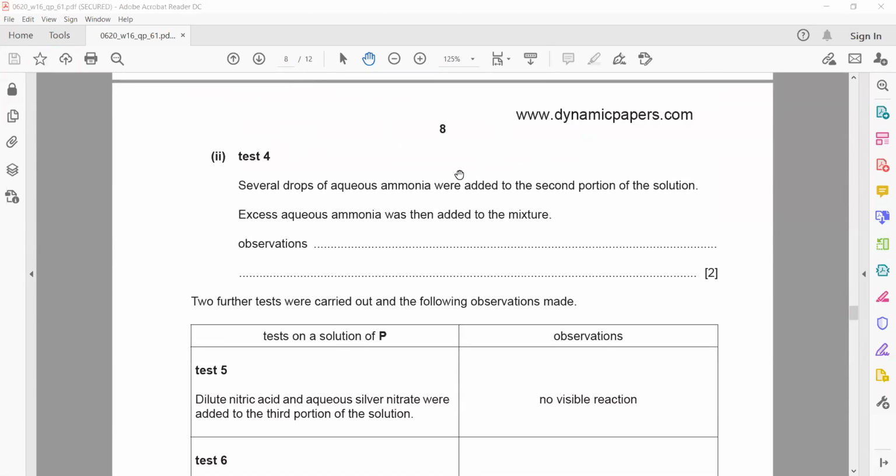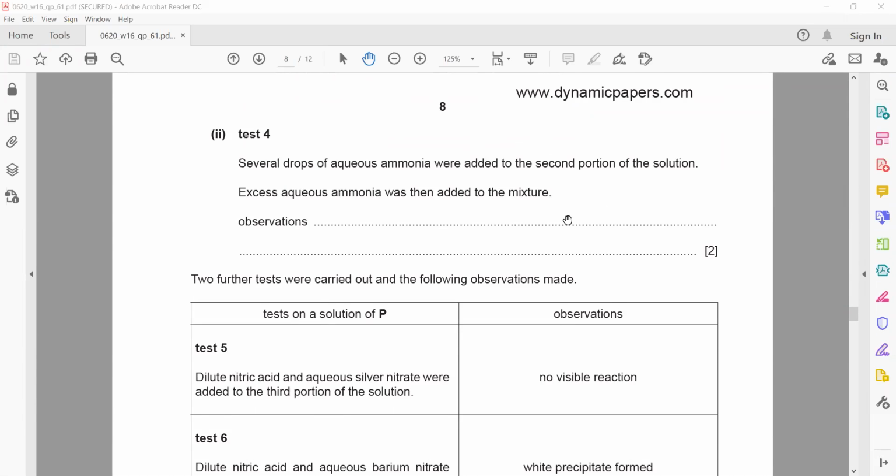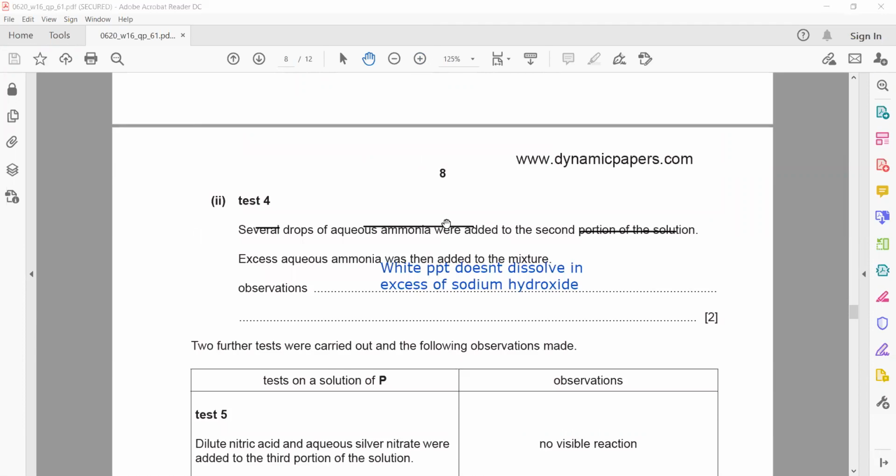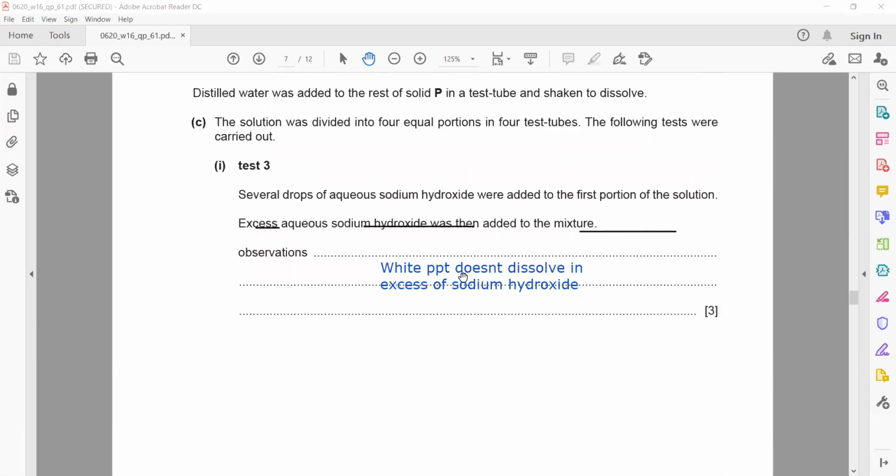Test 4. Several drops of aqueous ammonia were added, then an excess of aqueous ammonia is added. What is the observation? The previous one was a white precipitate with sodium hydroxide, and that white precipitate dissolves in excess.